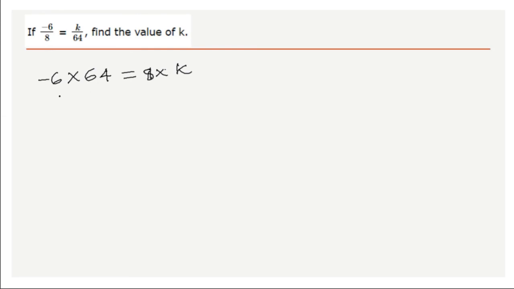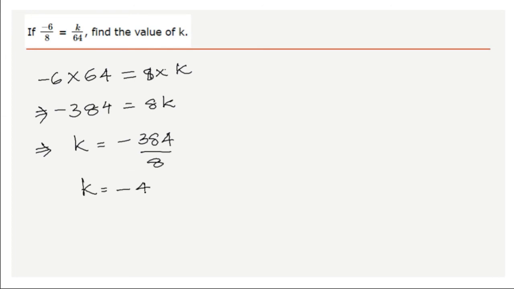So the product here is minus 384. This is equal to 8 times k. This implies k will be equal to minus 384 divided by 8. What I have done is divide both sides by 8. When both sides are divided by 8, we get the value of k as negative 48.